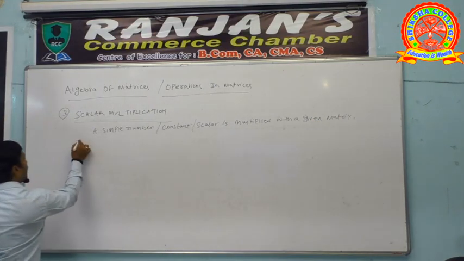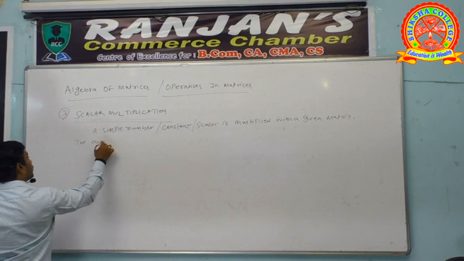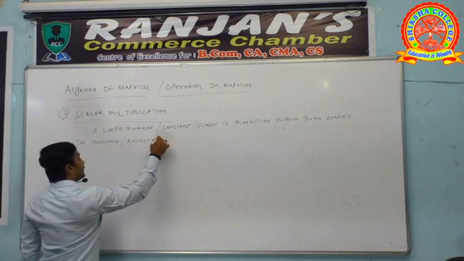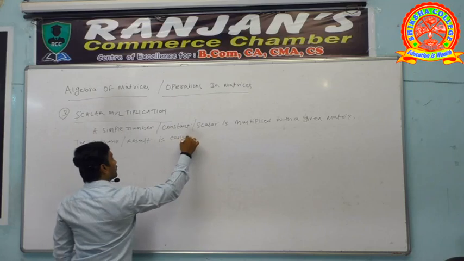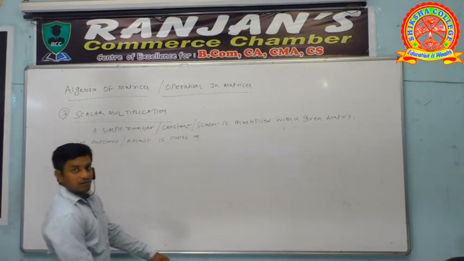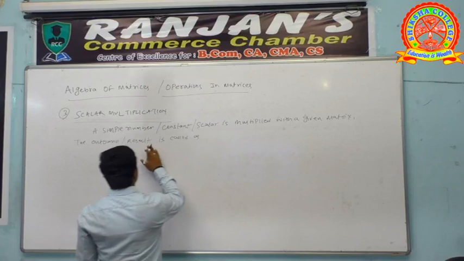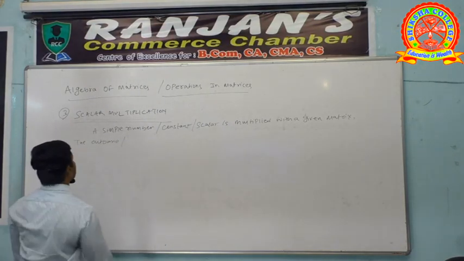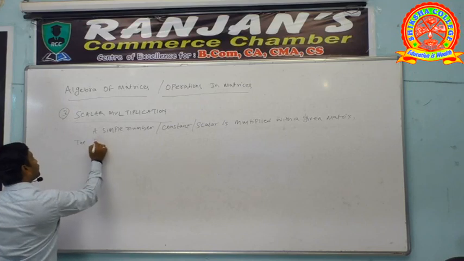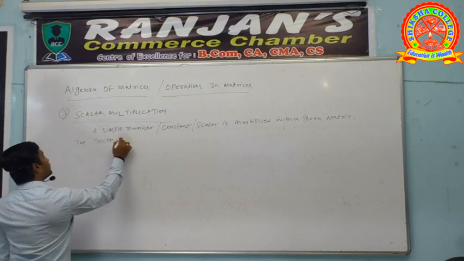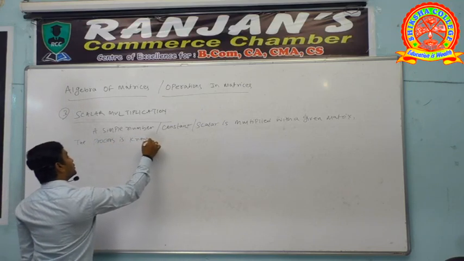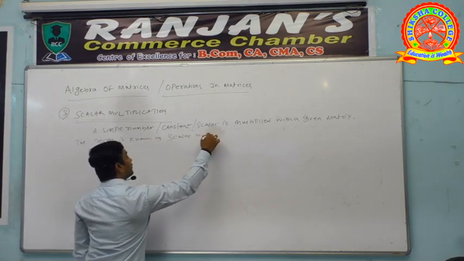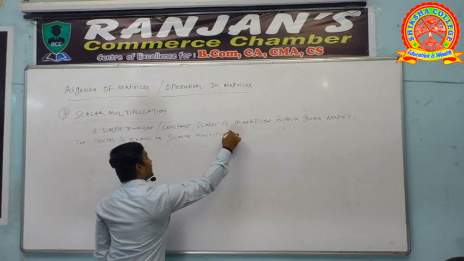The outcome or the result is called, sorry, not the result, the process is known as scalar multiplication.